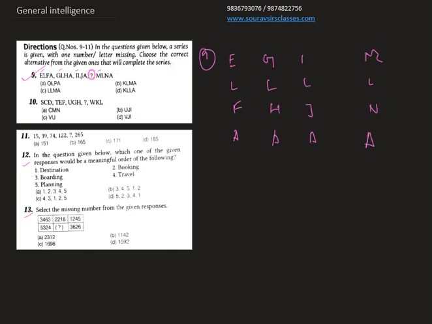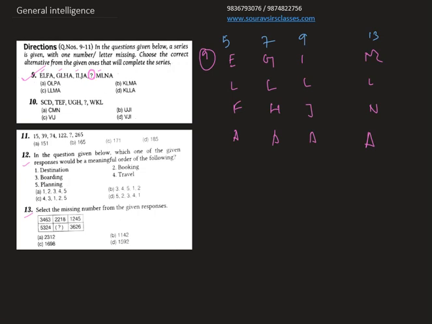So first of all, we write the numbers corresponding to each alphabet in the alphabetical series. The number corresponding to E is 5, G is 7, I is 9, and lastly 13.